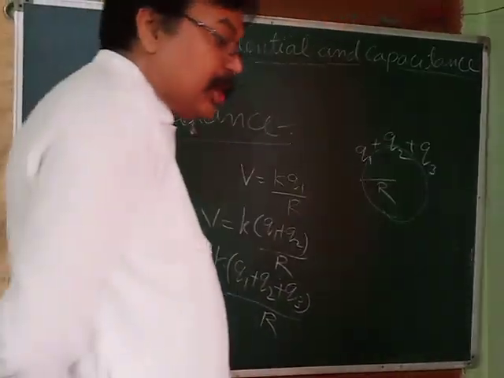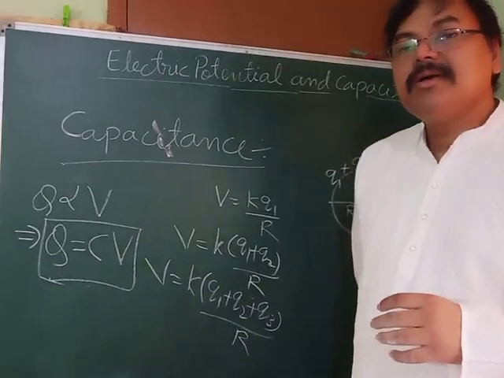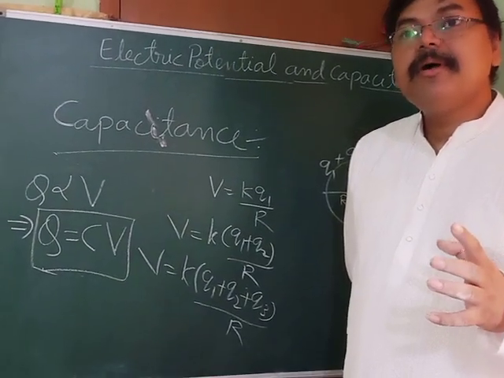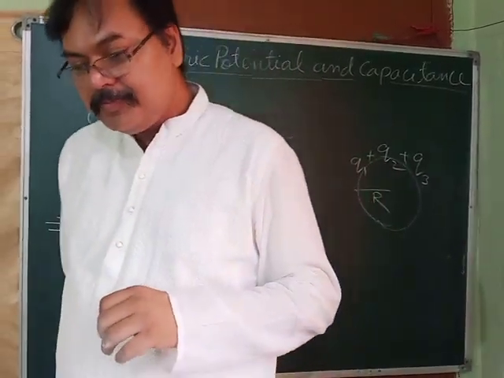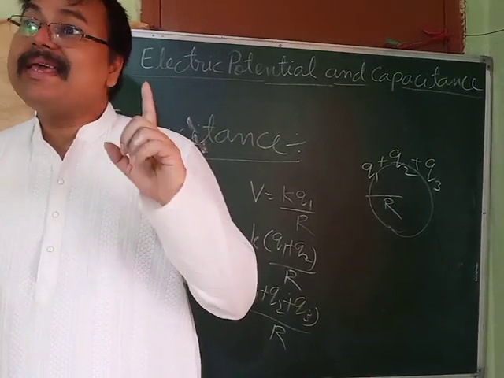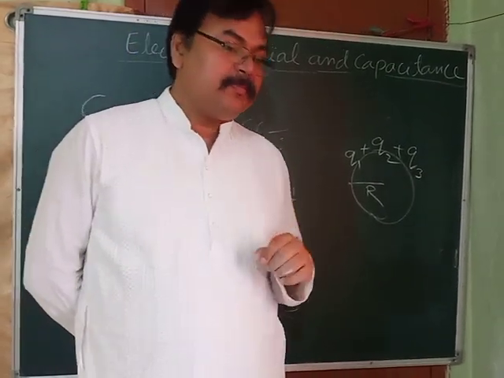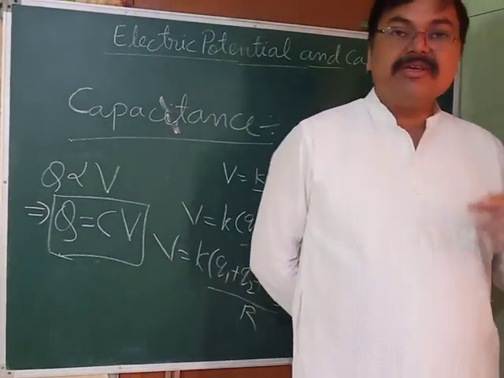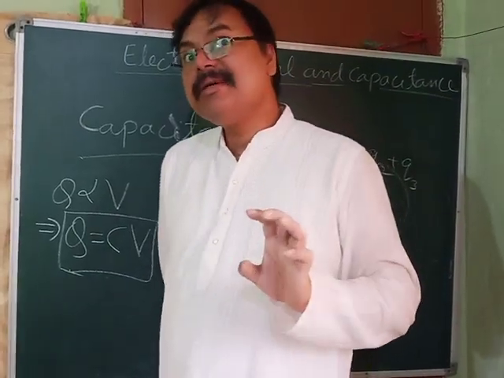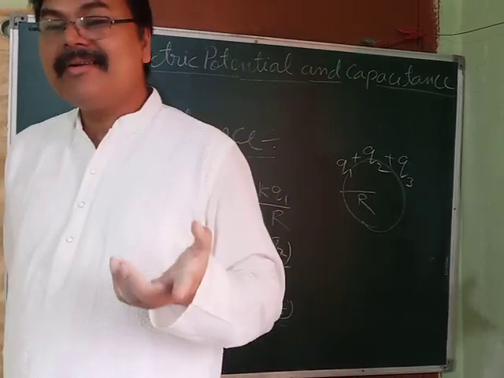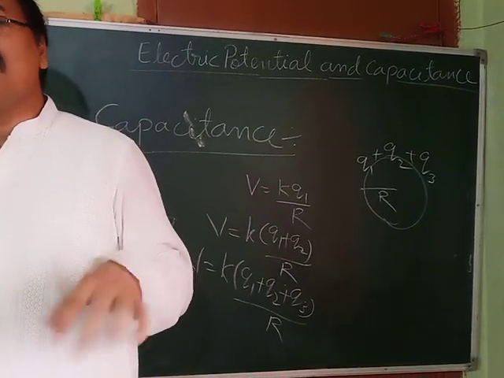The amount of charge required by a conductor or a device to raise its potential by unity, or 1 volt, is known as the capacitance of that conductor or device.